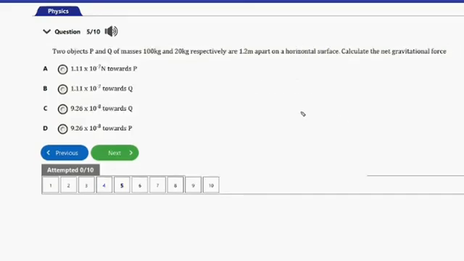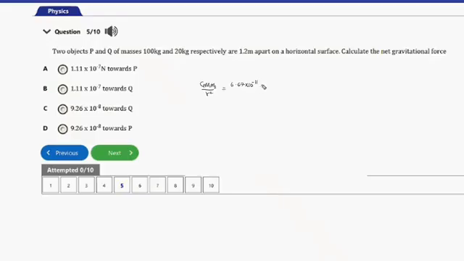Question number 5 says two objects P and Q of masses 100 grams and 20 grams respectively are 1.2 meters apart on a horizontal surface. Calculate the net gravitational force. Fg here is going to be G times M1 times M2 over R squared. So M1 here is 100 kilograms. Then the gravitational constant is 6.67 times 10 to the power of negative 11.